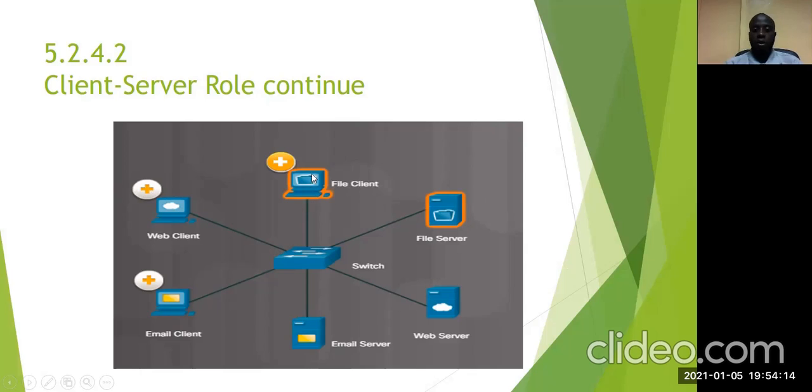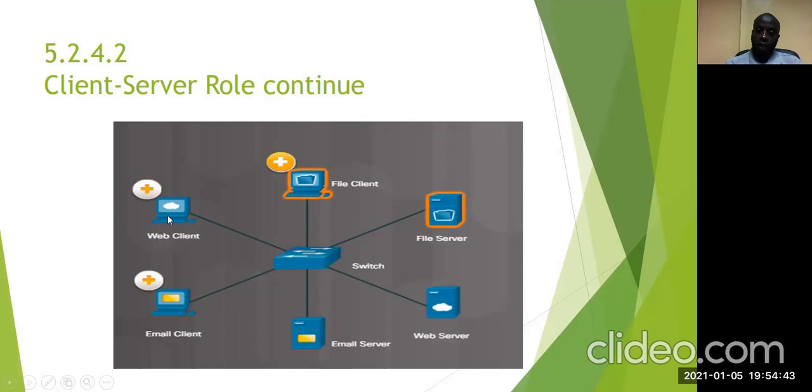For example, for this computer to connect to this server, in this scenario there must be at least a router, but this switch can also do the function, and there must be an IP address configured between the file client and the web server so that this client can fetch information from the server.